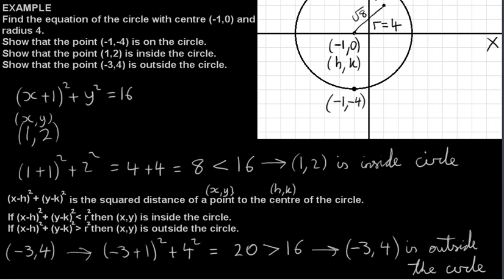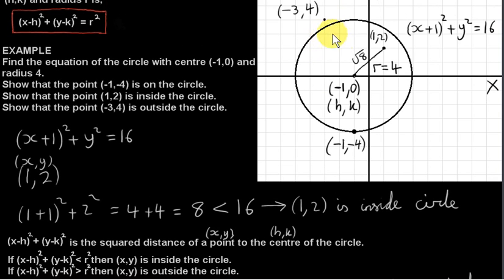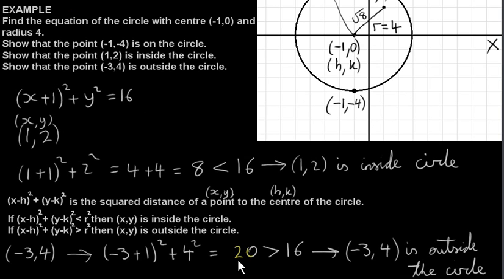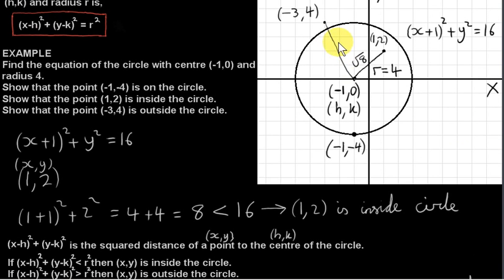So let's look at (-3, 4) on the diagram. Here is minus 3 on the x-axis. This point here is (-3, 4). It's just outside the circle. Its square distance to the center of the circle is greater than 16. Its square distance is actually 20, which means that its distance to the center of the circle is the square root of 20.